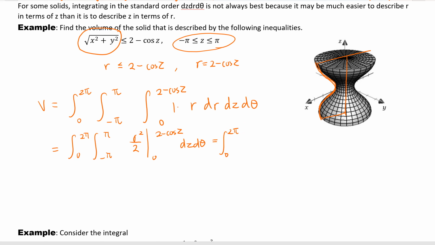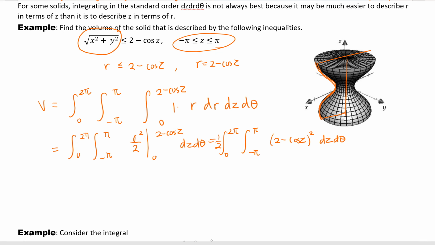We can put the half in front. Then we plug in 2 minus cosine z, squared, minus 0 squared, which is 0. So we have this expression with dz d theta.